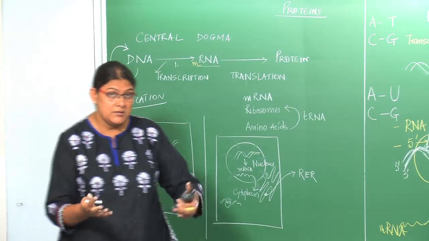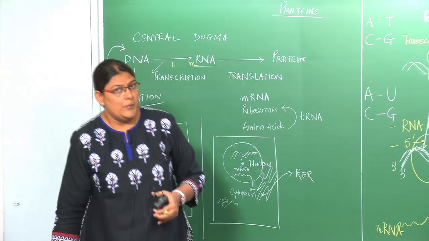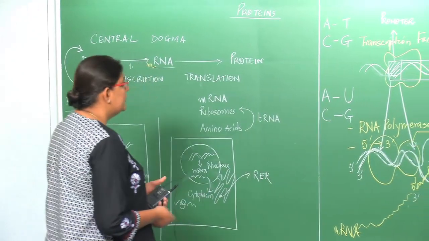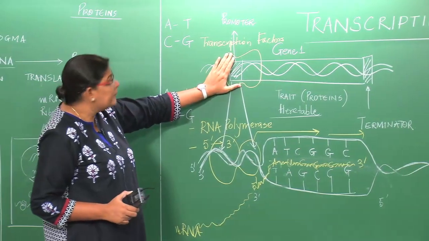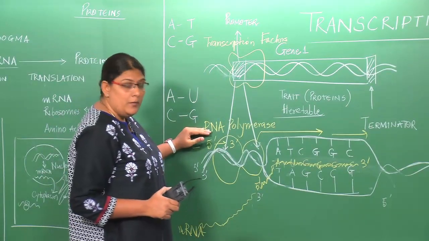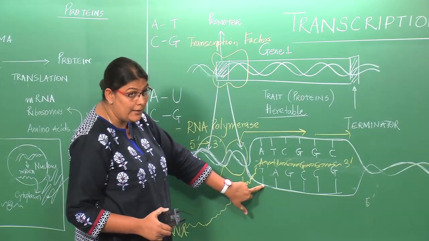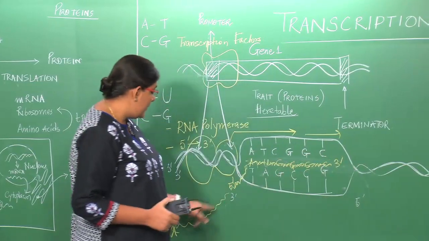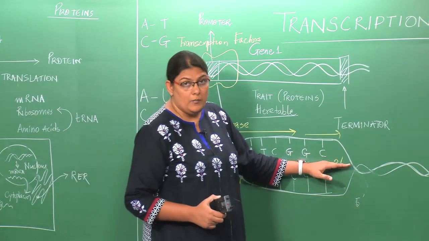So, you can have protein synthesis in either of these two areas, either in the cytoplasm or in the rough endoplasmic reticulum. So, in today's video, what we have learned is that through the process of transcription, which starts at the promoter, where the RNA polymerase binds, this RNA polymerase separates the strands of the DNA, uses one of them as a template, and then from a 5 prime to a 3 prime direction, it starts polymerizing the ribonucleotides, leading to formation of an RNA molecule.